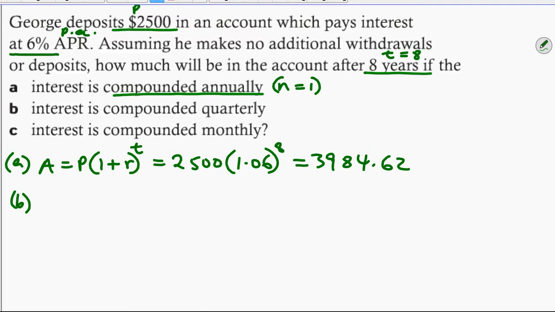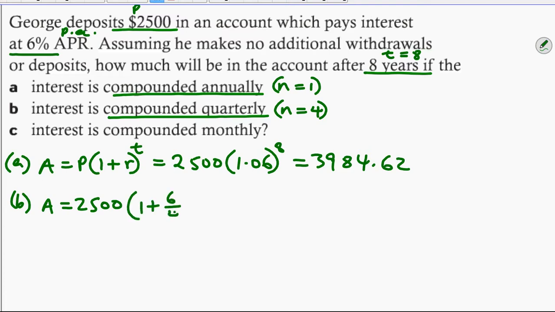And then for B, compounded quarterly, so n is equal to 4, which means our formula will be amount is equal to 2,500 into 1 plus 6 over 4, to the power 4 times 8, because t is 8.